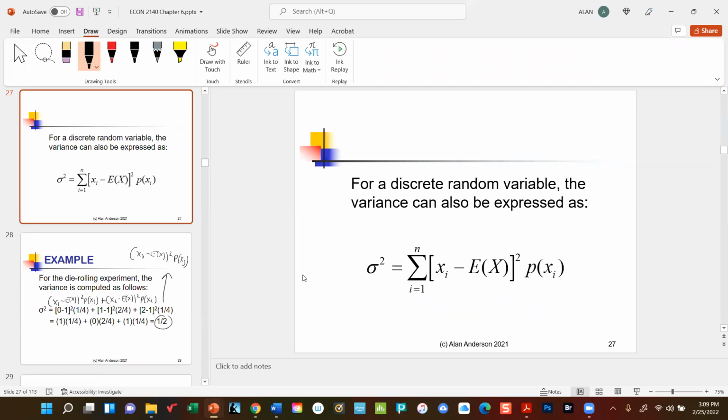And one more thing too, if you notice, the sigma squared can either be used to represent a population variance, but now we're seeing it being used as the variance of a random variable.